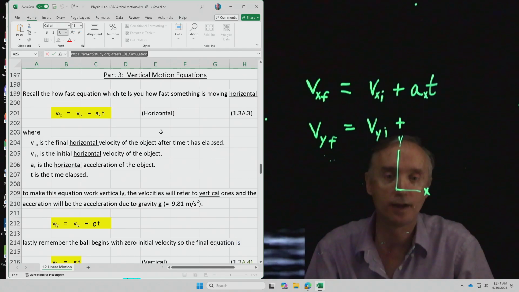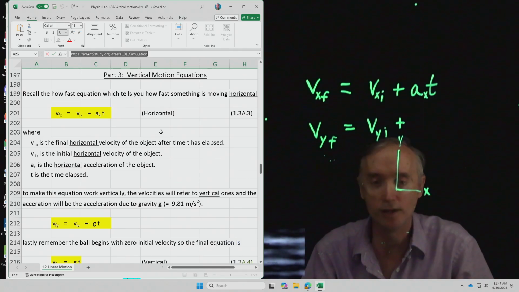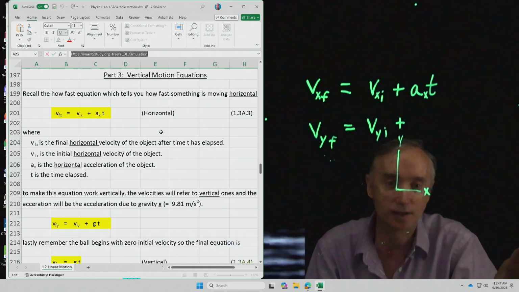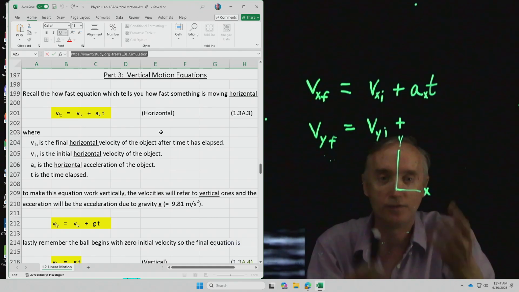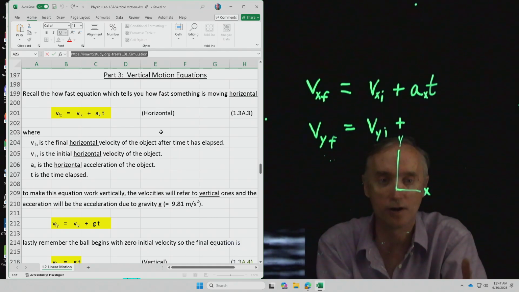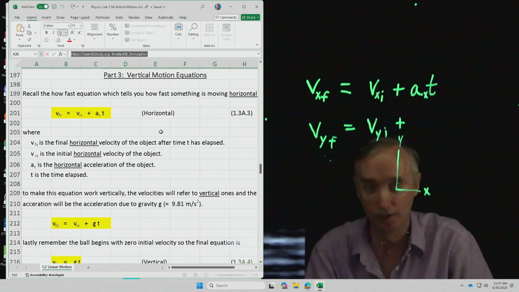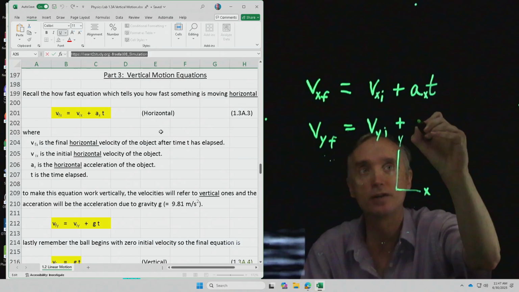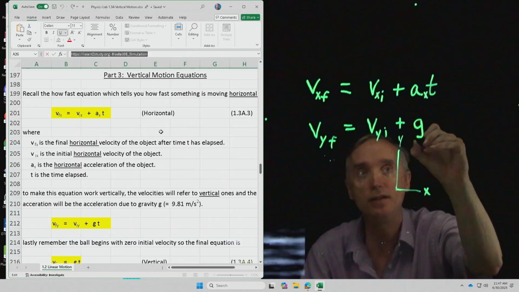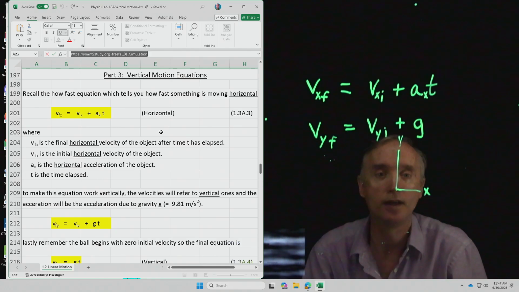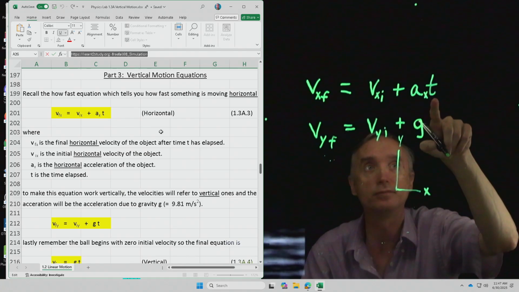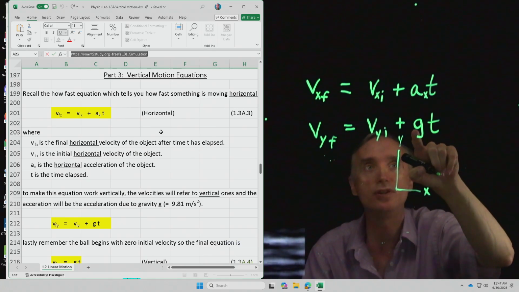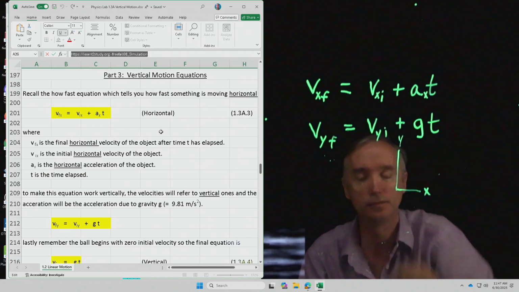Later, we're going to find out that there's an equation that relates force to acceleration. The force of gravity is going to cause the acceleration due to gravity, and it has its own special letter, g for gravity. And then we still have the t. Do we need to put g sub y on there?